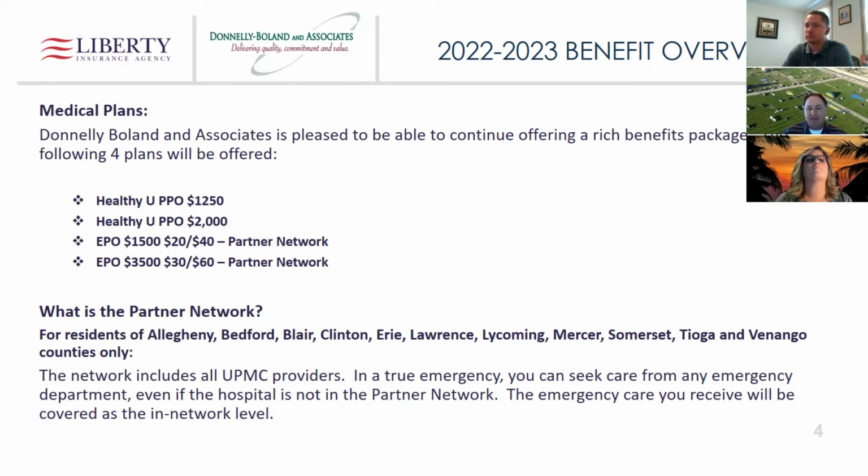And before we made this decision, just to let everybody know this, we looked at the claims. We don't see claims by individuals. We see claims in an aggregate. 98% of your claims of your entire population are being performed by partner network providers. So we don't feel like this is going to cause an issue for anybody, but the MyCare Advantage plans are going away, being replaced by the partner network plan.